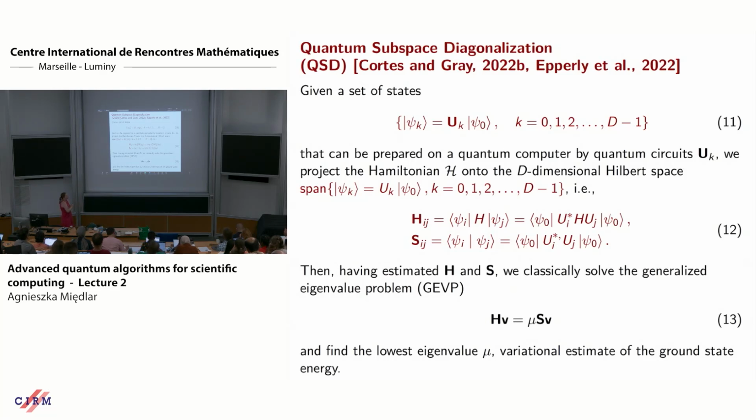So what is the general idea? I will explain that in detail, but first let's think about the classical problem. You have a huge eigenvalue problem, Ax equal to lambda x.